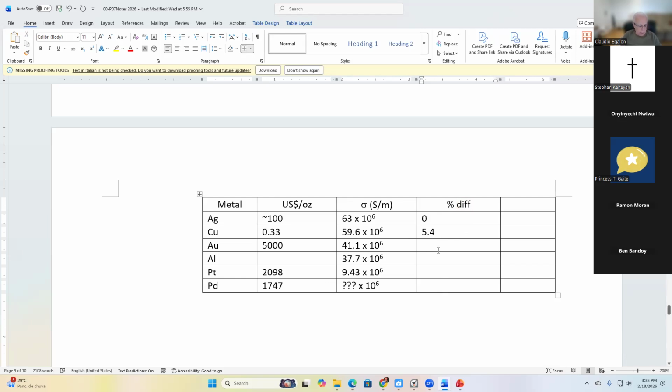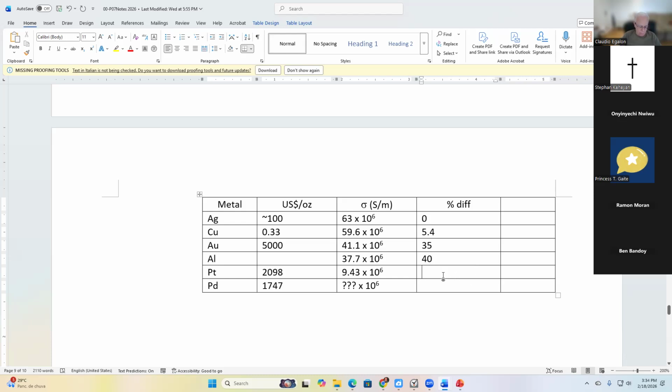Here, 41 divided by 63 minus 1. 34%, 35% less conductive. Aluminum, 37.7, 40% less conductive.